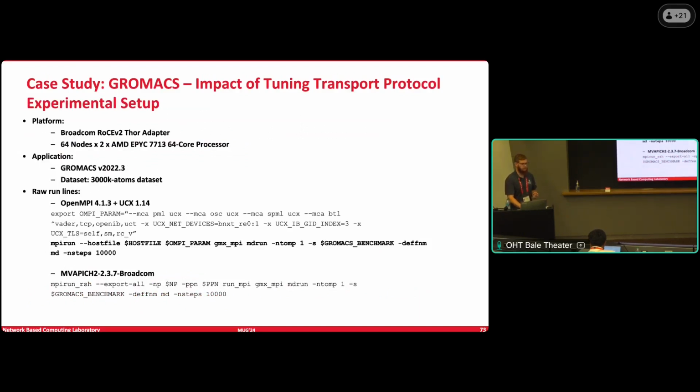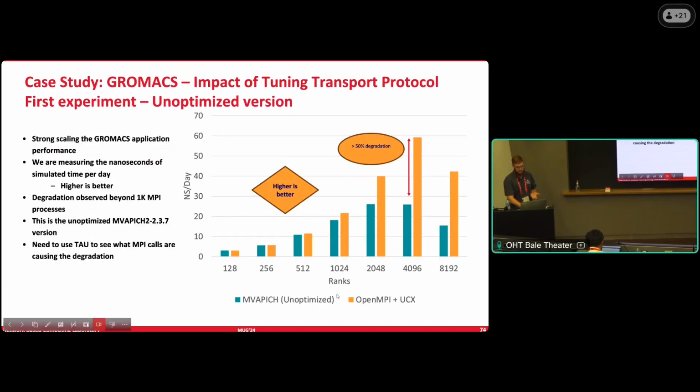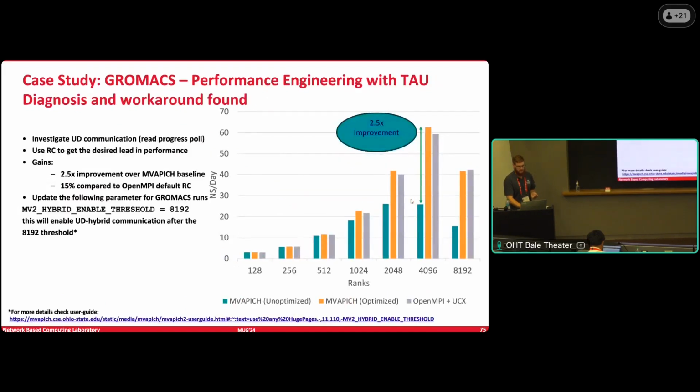This was done while we were working on the Broadcom adapters. Initially, we noticed that we were getting really, really poor scaling at larger problem sizes. So we were able to take a look at the application performance with the TAU profile and see where we were having issues in MPI.